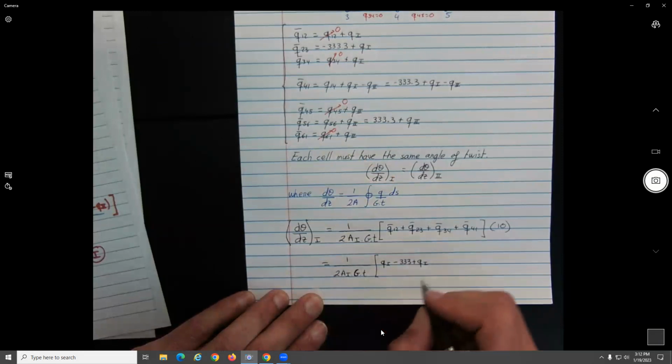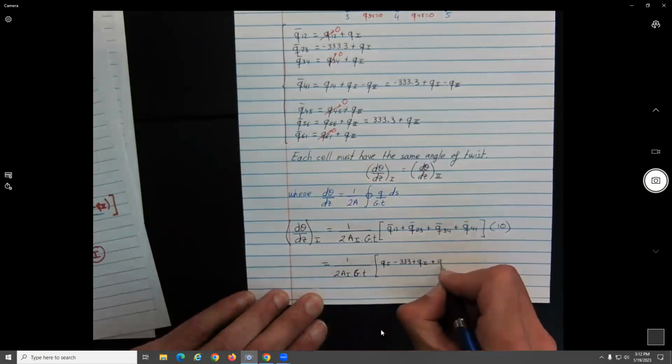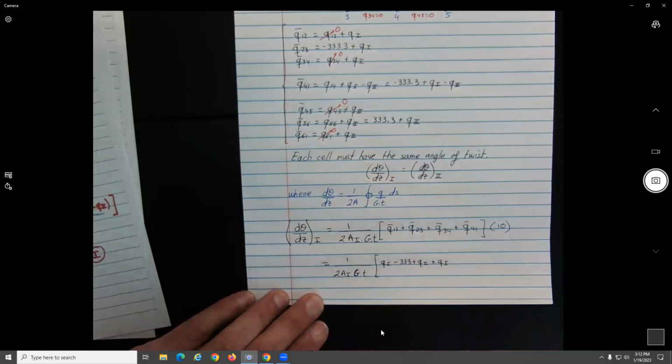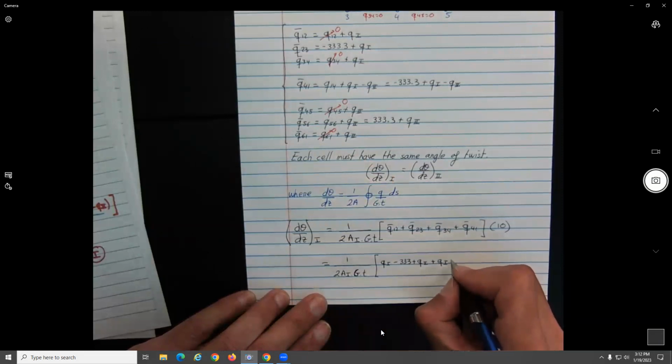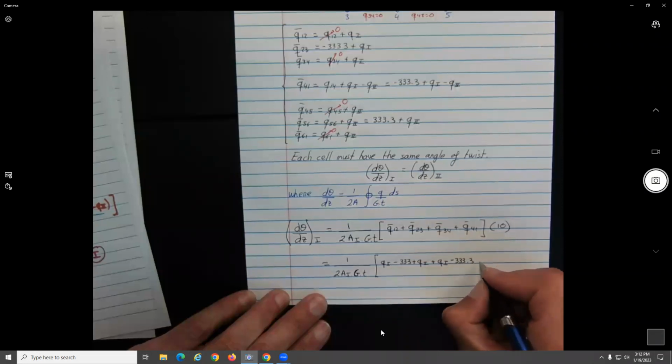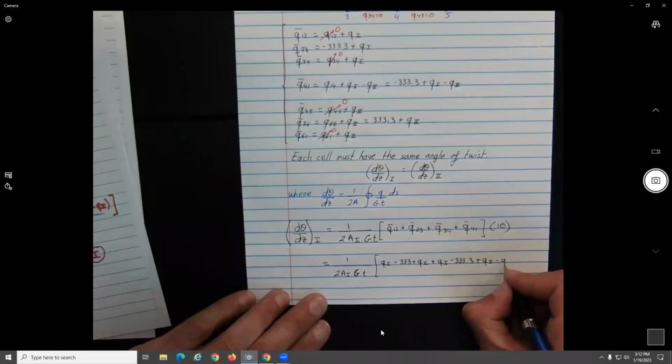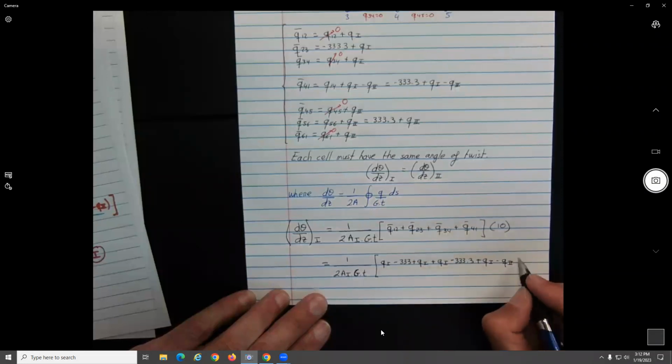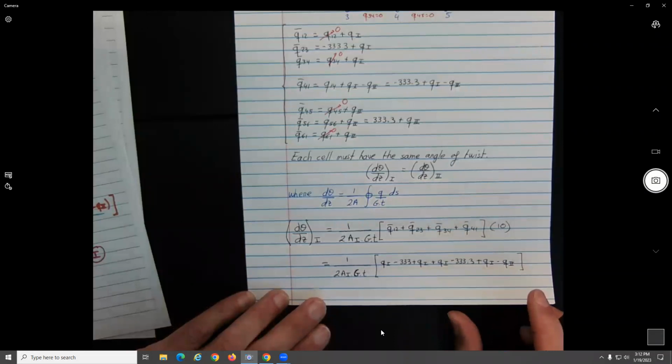Q3,4 is Q1. And Q4,1 is negative 333.3 plus Q1 minus Q2.